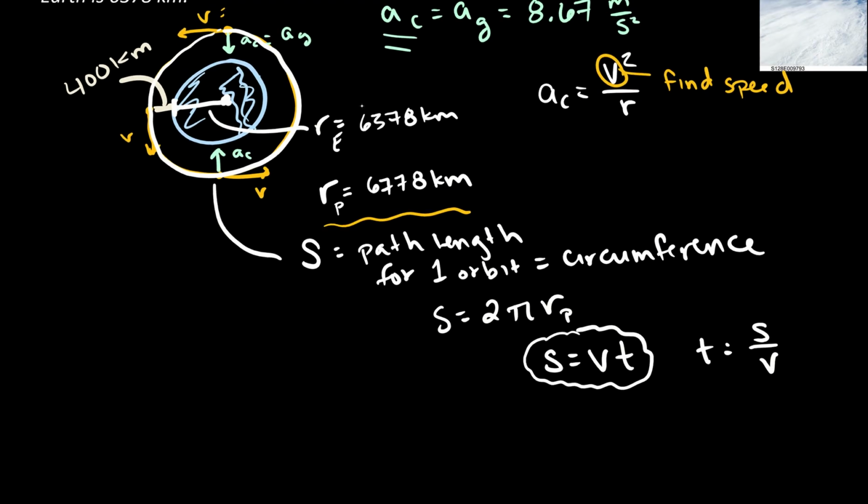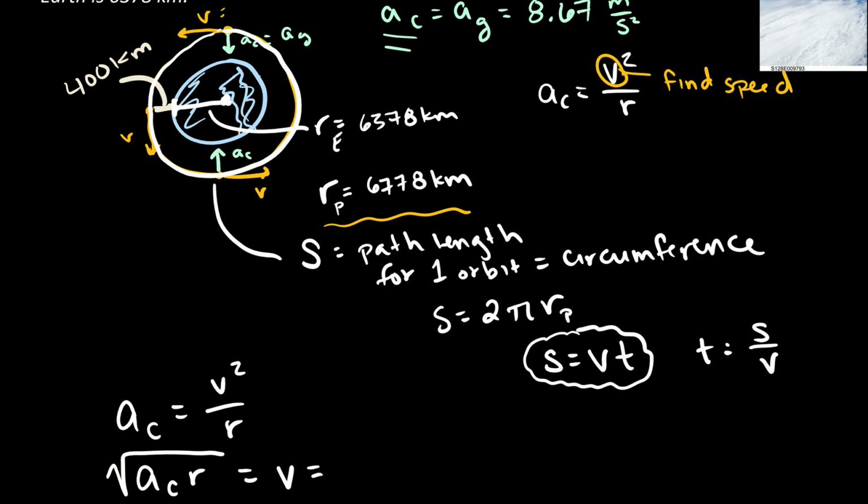So first we want to use a_c = v squared over r, and rearrange this for solving for v. If I take my centripetal acceleration, multiply it by the radius, and take the square root, that will give me the speed, or the magnitude of the velocity.